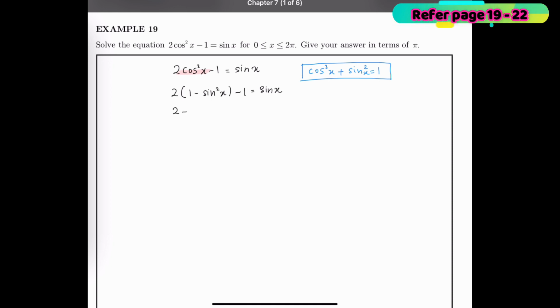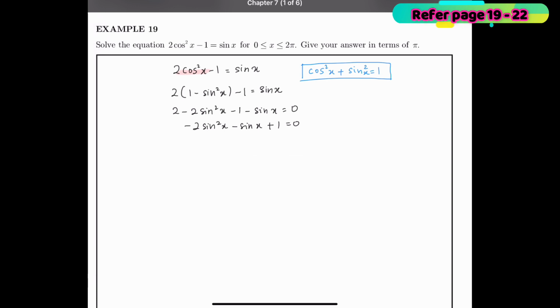Expand to get 2 minus 2 sine square x minus 1, and bring sine x to the left hand side to equal 0. Negative 2 sine square x minus sine x plus 1 equals 0. Before we can factorize, we have to make sure that the coefficient for sine square is positive.